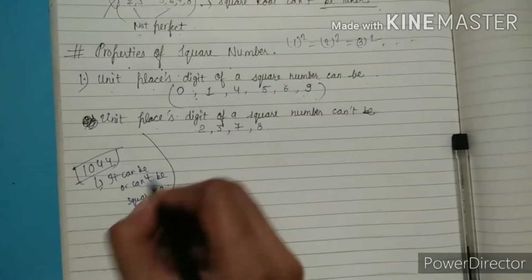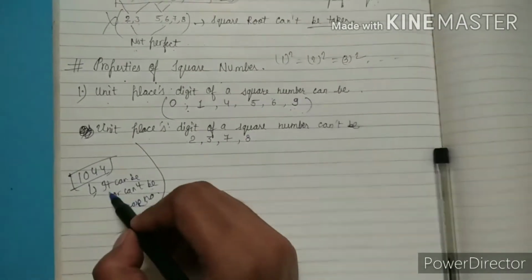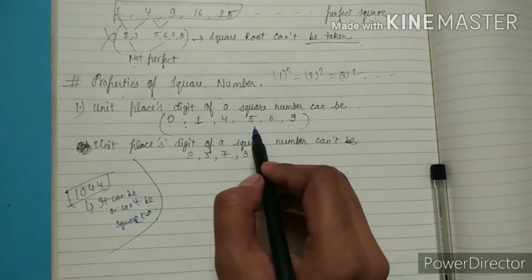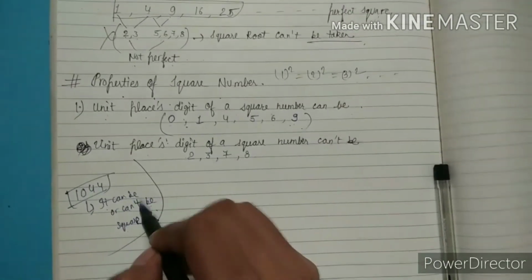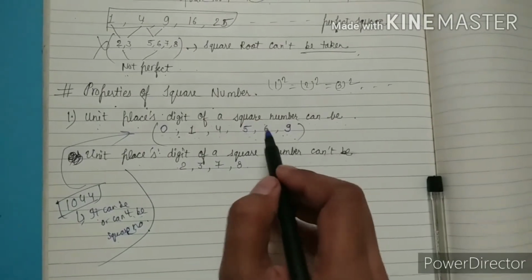Okay, it may or may not be. In this case we will check: if we have this kind of unit place, at that time we will check whether the number is a square number or not.